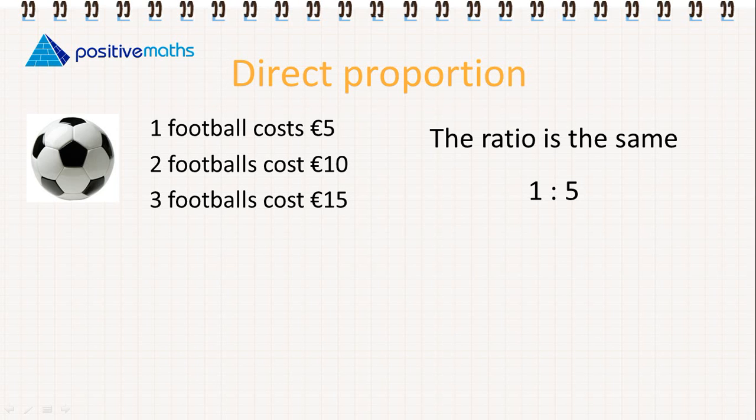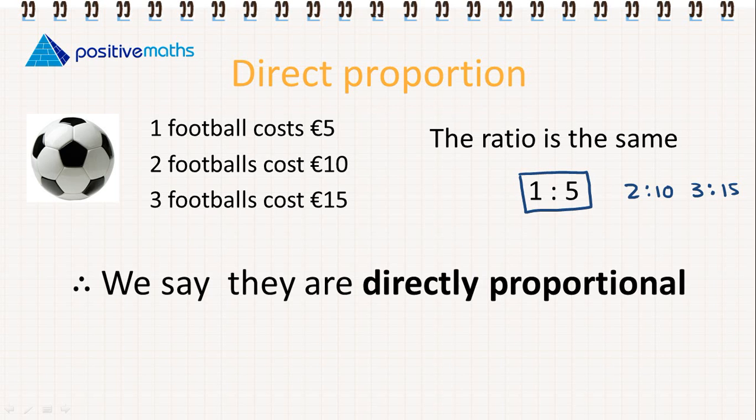So the ratio of all 3 examples here is the same. We could say 1:5, 2:10, or 3:15. All 3 of those ratios would be the same because they simplify as 1:5. We therefore say that they are directly proportional.